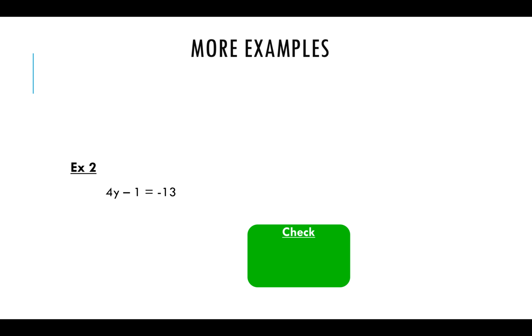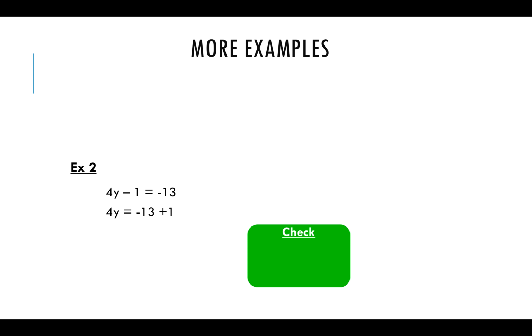If I add 1 to the left-hand side, what happens to the minus 1 and the plus 1? They make 0, which means I'm left with 4y. And I need to go ahead and then add 1 to the right-hand side.